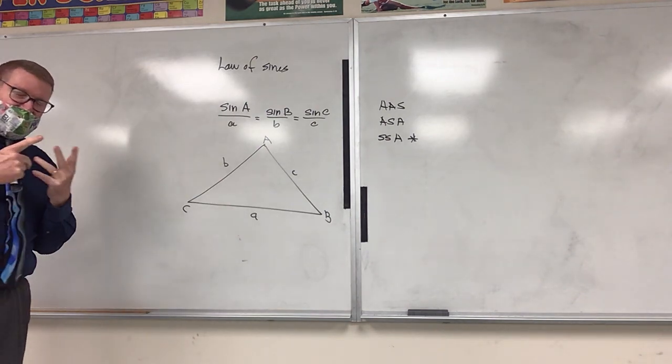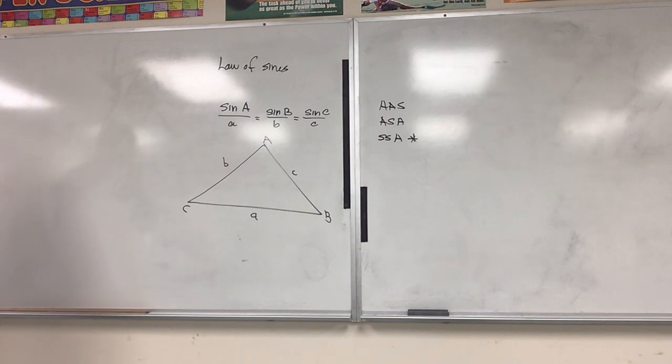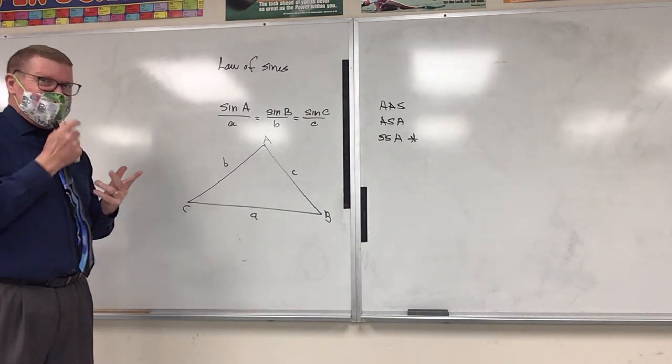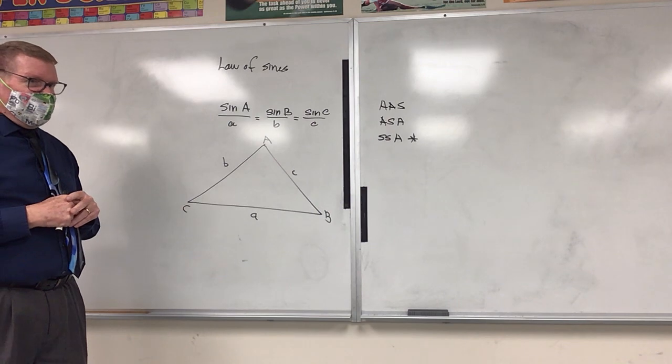So if we know 2 of the angles, there's only one possible angle that the third angle can be, because the angles of a triangle add up to 180 degrees. Same thing with angle, side, angle. We know 2 angles, so there's only one possible third angle. But side, side, angle is a little bit different.